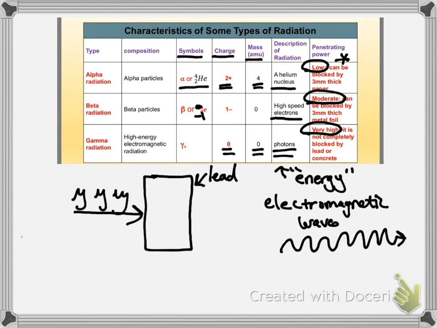You see that? You can stop it. So the gamma radiation is the most penetrating because it's very small. All right, take a minute to pause the video and make notes about the characteristics of some types of radiation.